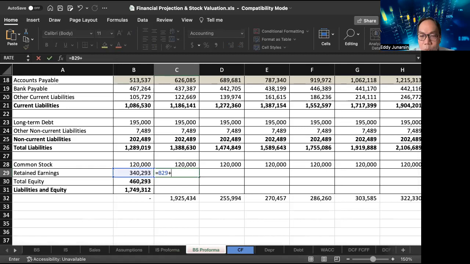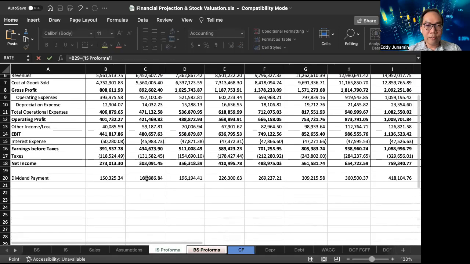So you can imagine that whenever the company makes money, earns a certain amount of net income, then the company has to make a decision as to how much to pay out as dividends. So the remaining amount would be saved as retained earnings, right? So again, retained earnings for 2021 should be retained earnings in 2020 plus the amount of savings that the company wants to make.